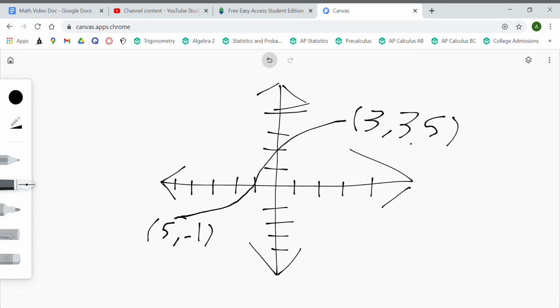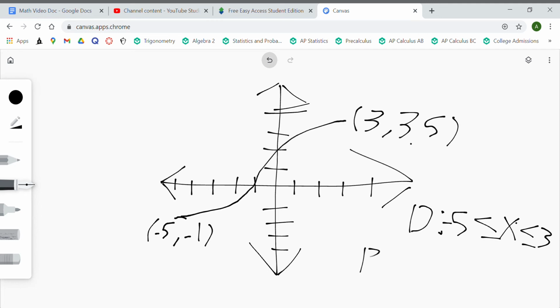So we can say that the domain here is, oh not 5, -5 is less than or equal to x is less than or equal to 3.